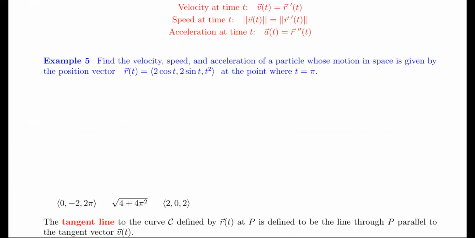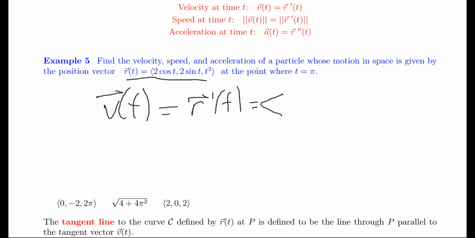So let's find the velocity, speed, and acceleration of a particle whose motion in space is given by this position vector at the point where t is equal to pi. All right. So if we do that, we have r prime of t, which is our v of t.